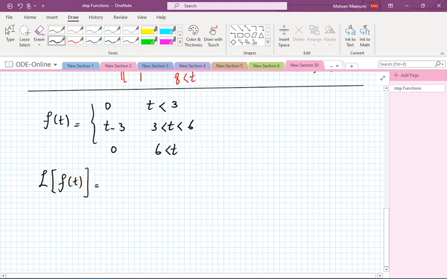So before we do that, how would that come up? Suppose the right hand side of a differential equation, or the external forcing term, is such a thing that up to 3 seconds there is no external force. From 3 to 6 seconds the external force is t minus 3, and at 6 seconds it's all cut off. We are back to 0. So it's like that problem of a spring and a pan attached to it, and then you're adding something.